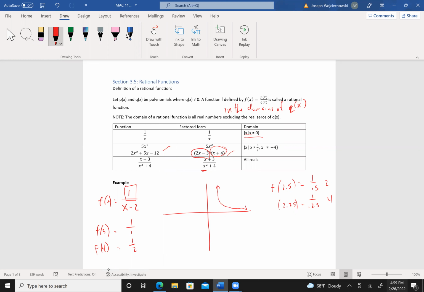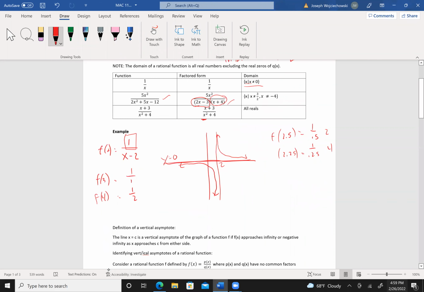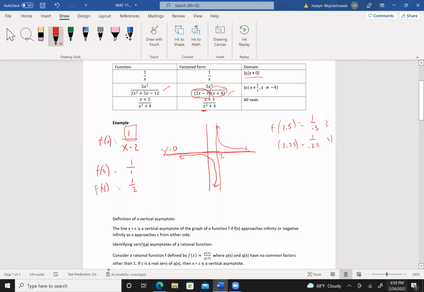And if we approach from the negative side, we're going to see the same thing. It's almost like there's a fence at x equals 2 and a fence at y equals 0. That's what we're looking at. Which brings us to vertical asymptotes.